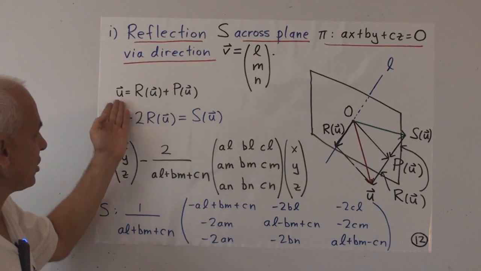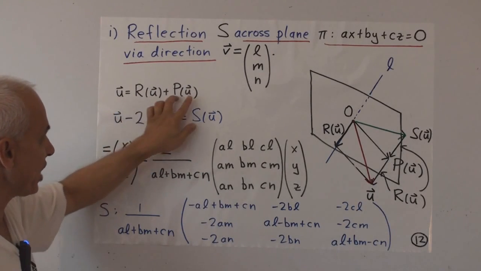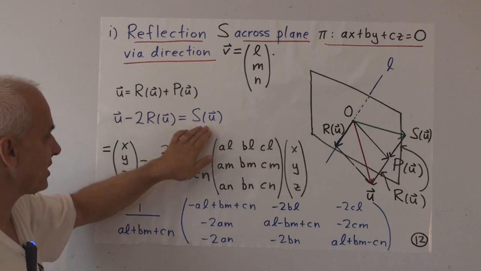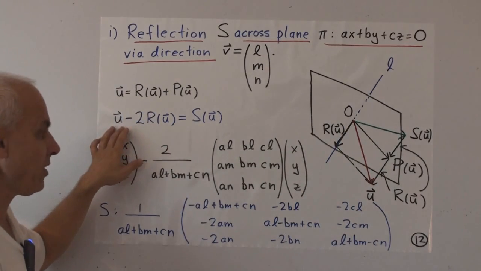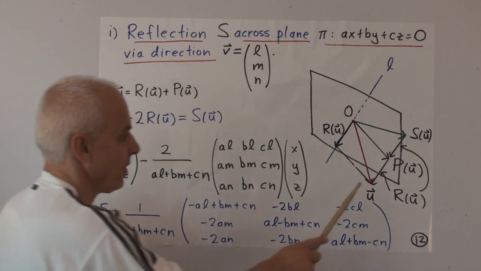So algebraically, we know that u is equal to R of u plus P of u. That's the projection onto the plane. That's the projection onto the line. So what I've just said is that the reflection S of u is obtained by starting with u and subtracting 2 times R of u. Right there.